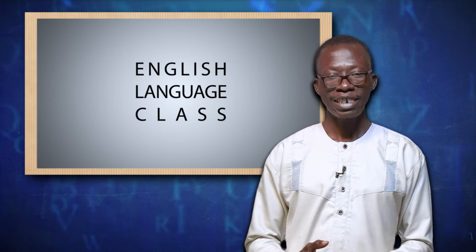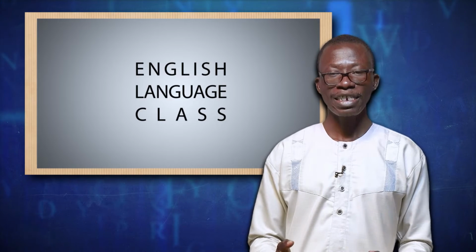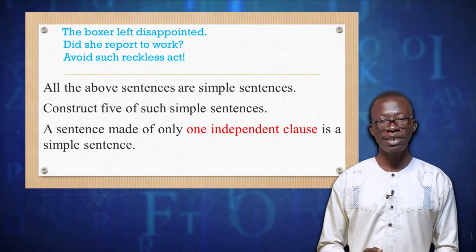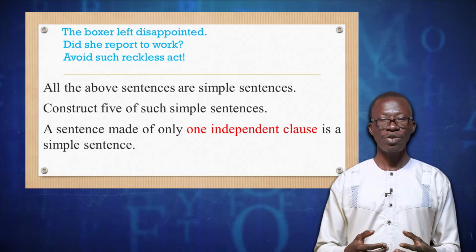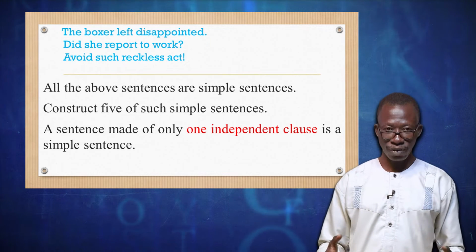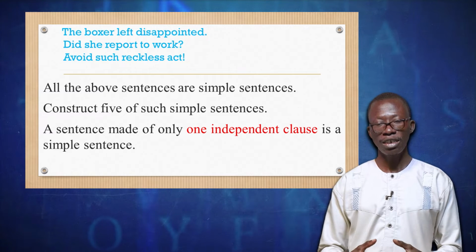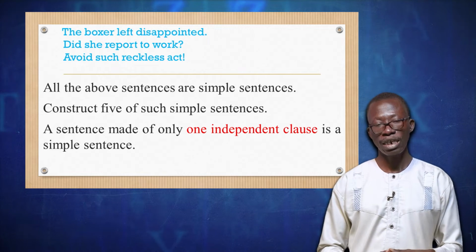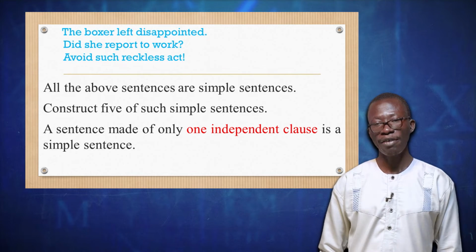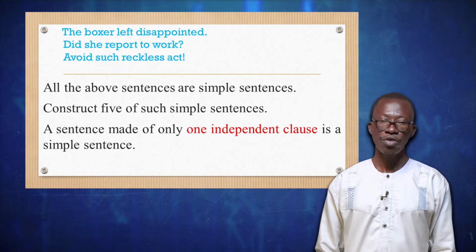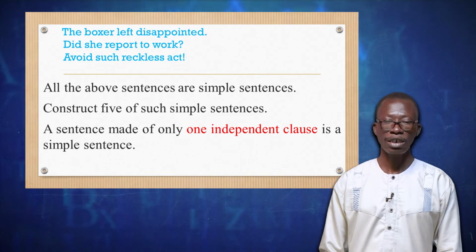A statement that has at least one independent clause. If you're able to bring out any statement of this nature, then certainly that statement is likely to be a simple sentence. So just construct 5 simple sentences. I'll give you a minute for you to finish, and then we continue.